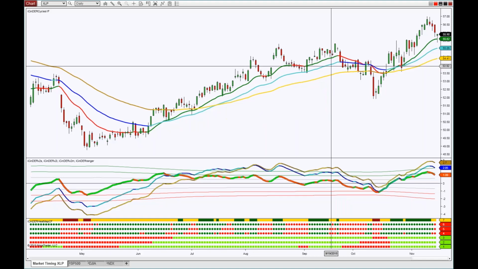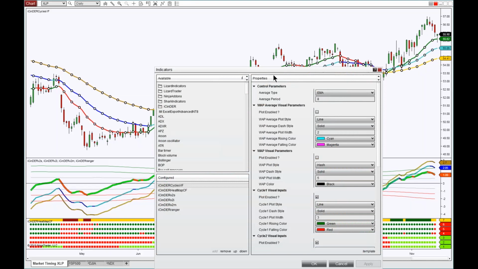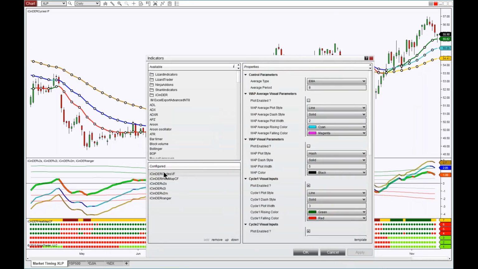All the way at the top over here, I'll go through the properties of each of them. What we have there is the cycle's velocity force. And generally what we do is you change it or put an EMA of 8, and that's to be able to show basically a line that is a moving average.